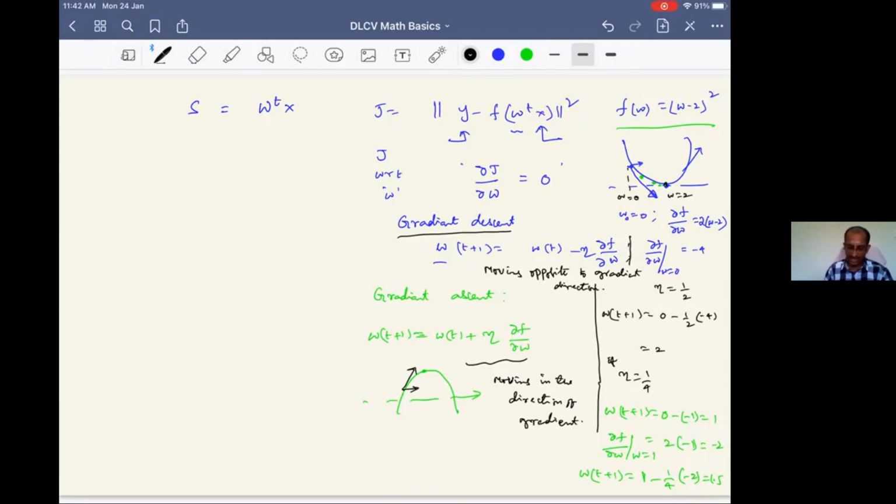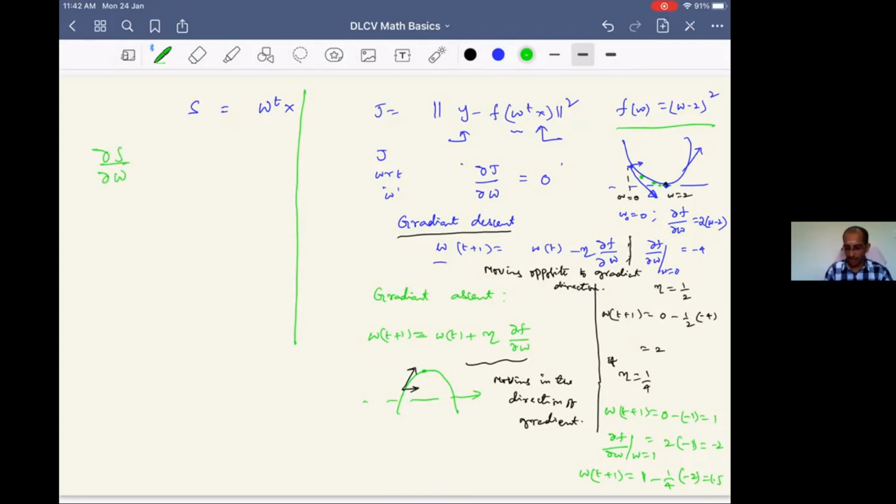Now, even to do all this, we need to do differentiation. So just to develop our differentiation knowledge, or vector calculus knowledge, let's try to find ∂S/∂W.